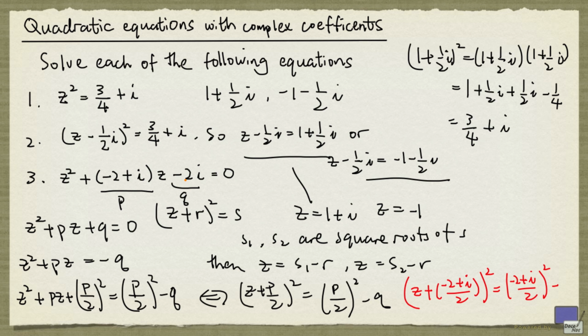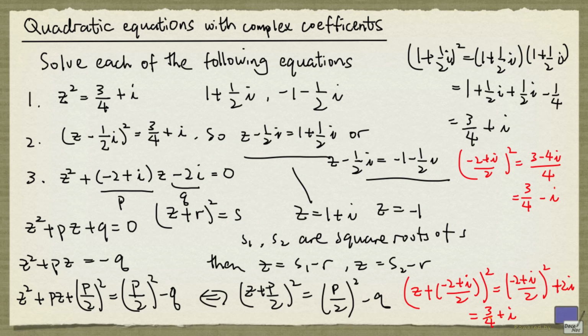So q is minus 2i, so this is plus 2i. Now we can simplify the right hand side. So ((minus 2 plus i) divided by 2) all squared is (3 minus 4i) divided by 4, and that's 3/4 minus i. And so this whole thing simplifies to 3/4 plus 2i minus i, and that's just plus i.